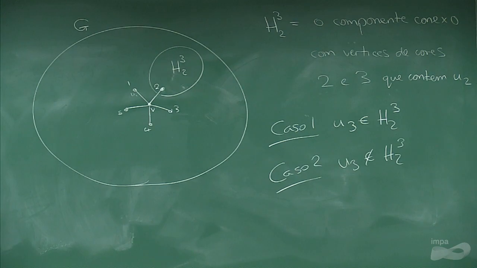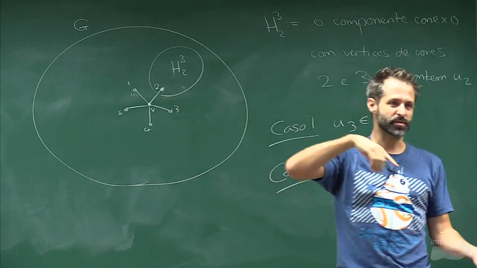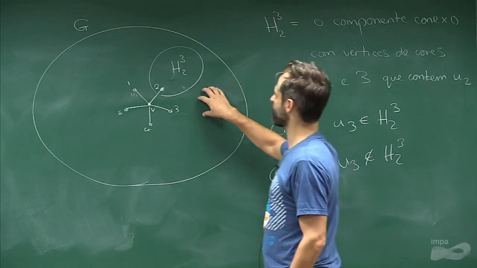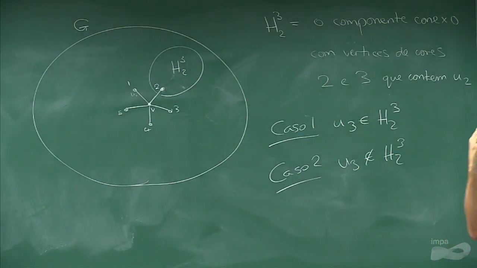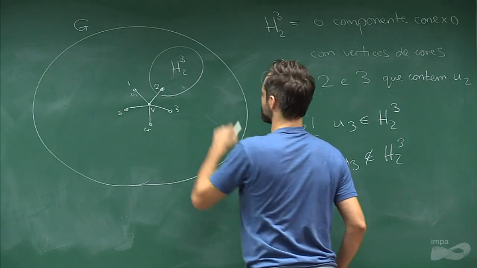Yeah, you just flip the colors of all the vertices inside here. All the 2's become 3's, all the 3's become 2's. So you have no monochromatic edge because there's no vertex of color 2 or 3 that's connected to this thing. Right? That's how it was defined. Does it make sense?